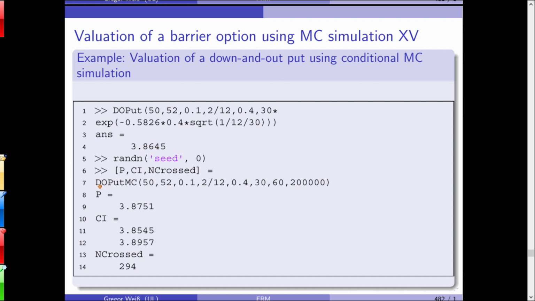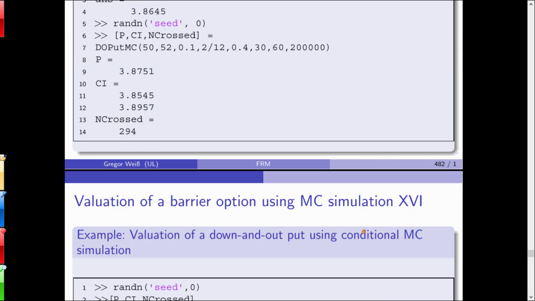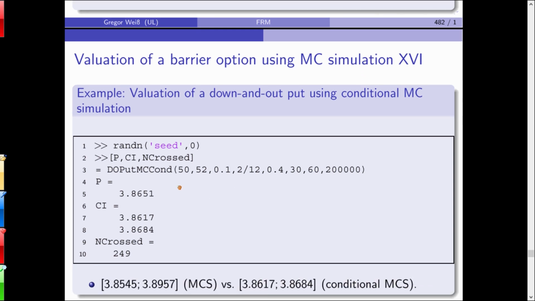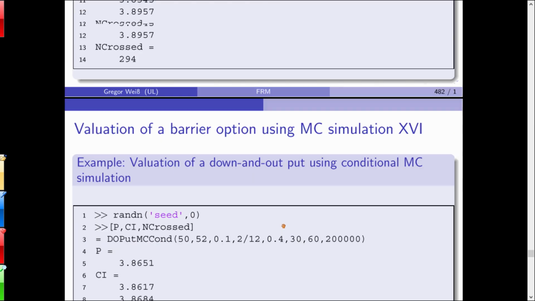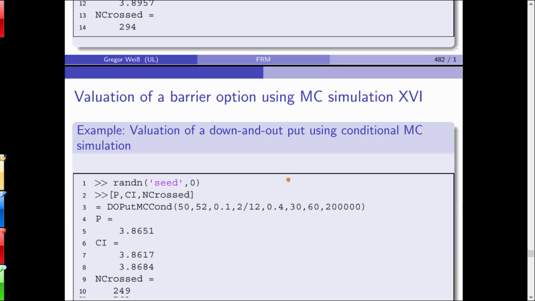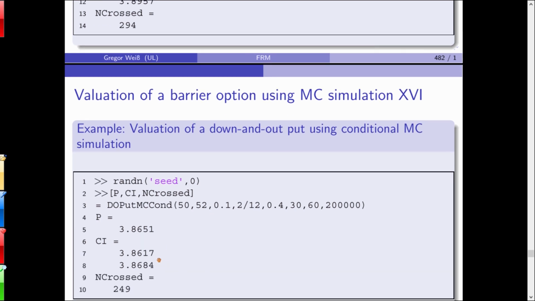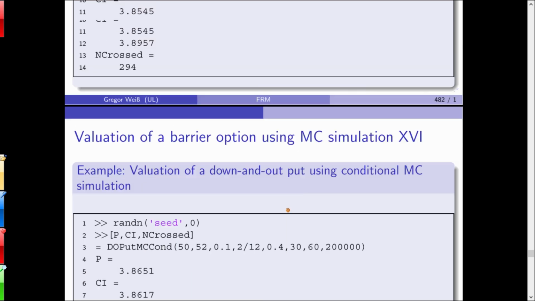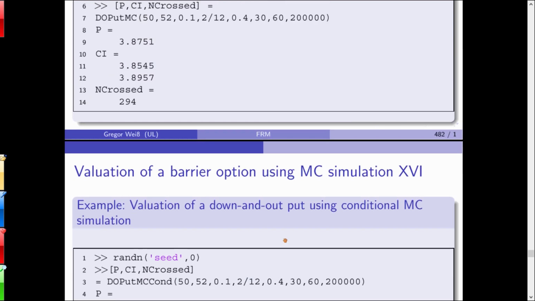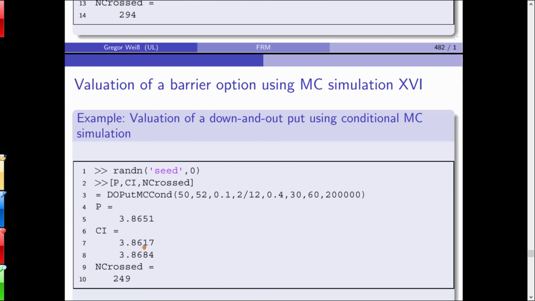this is the down-and-out put MC, and here you have this confidence interval 85 to 89, and now we're using conditional MC, and you can see the difference: 86 to 86. So the estimate changes just slightly, but you can see this confidence interval gets much smaller around the mean.